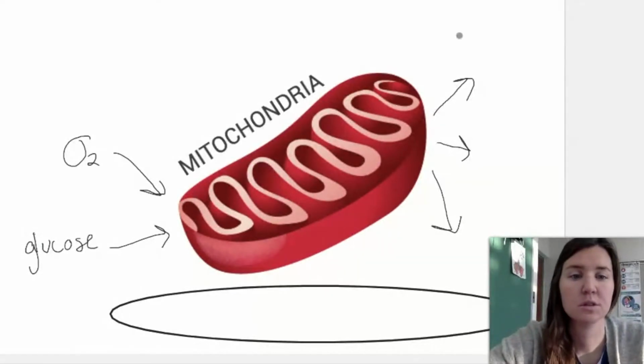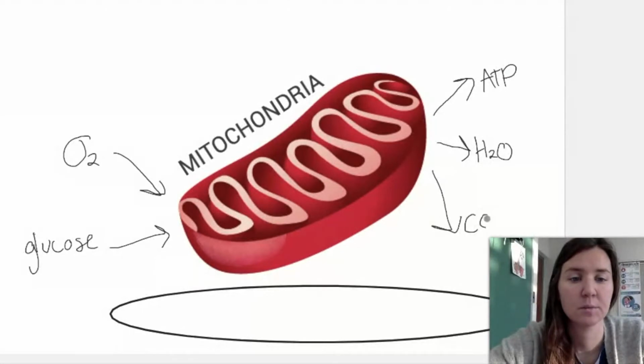That's used to make ATP, or energy, and then we have our waste products of water and carbon dioxide. We breathe both of those out. Pretty cool, huh? So that's one way you can remember it.